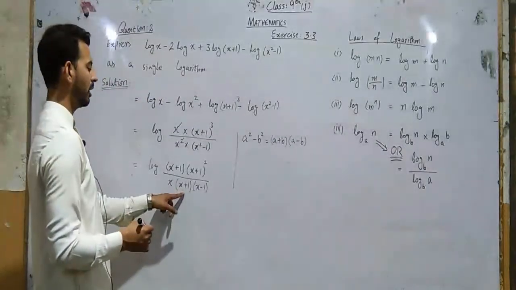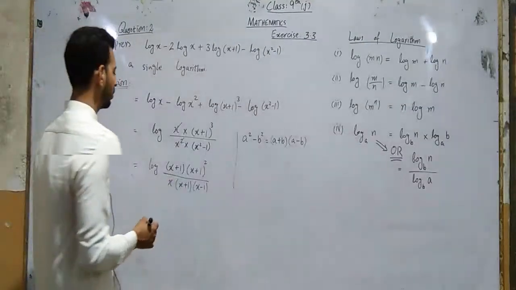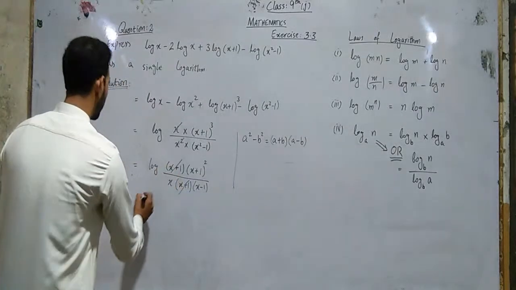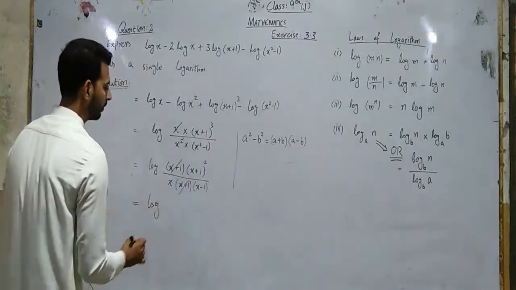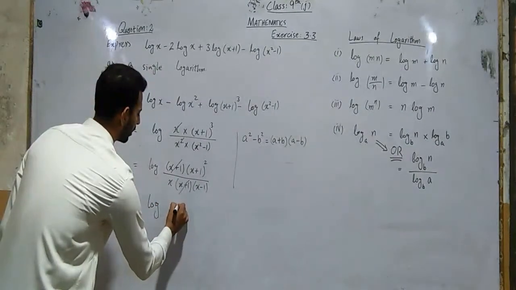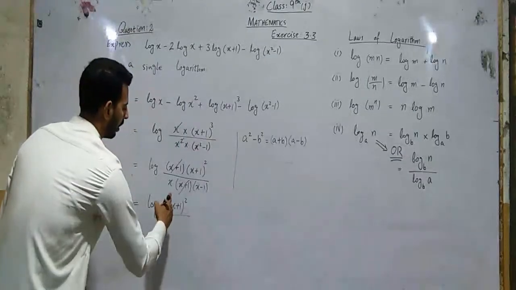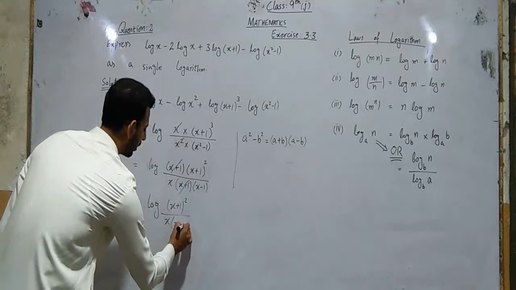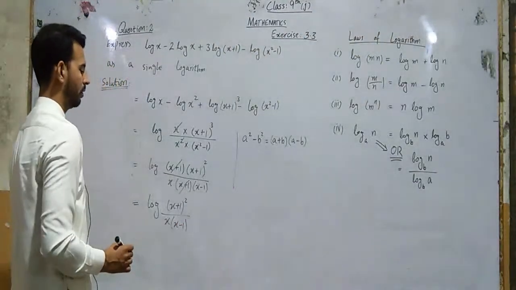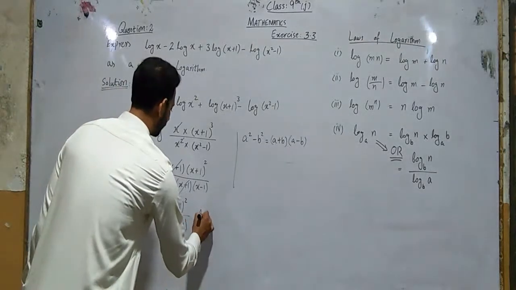Now students, this x plus 1 is being cancelled with this x plus 1, so we will just cut it down. We will write log x plus 1 squared, and here in the denominator x into x minus 1. So students, this is our answer for this question.